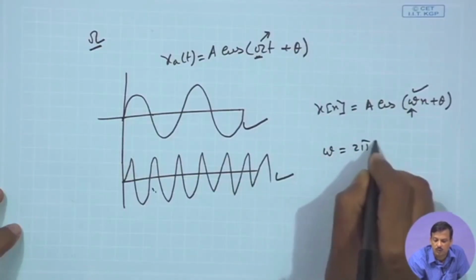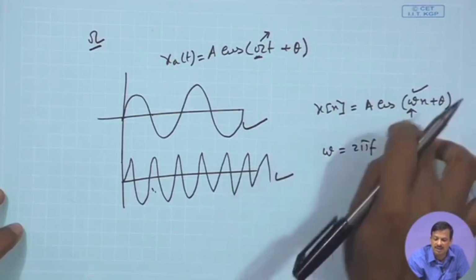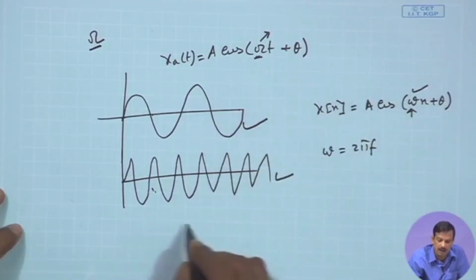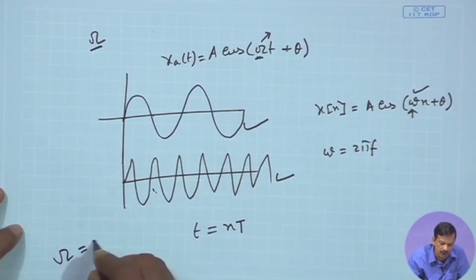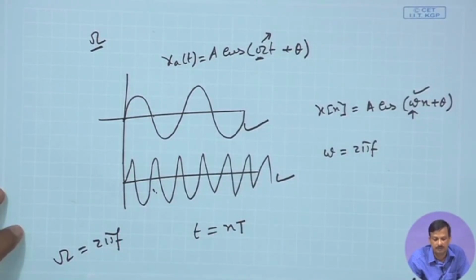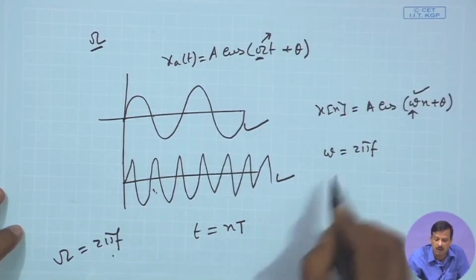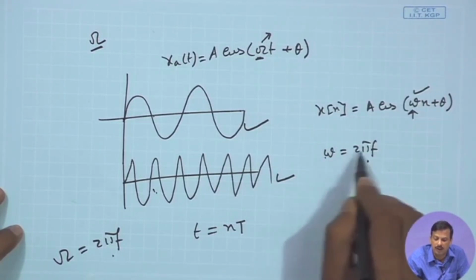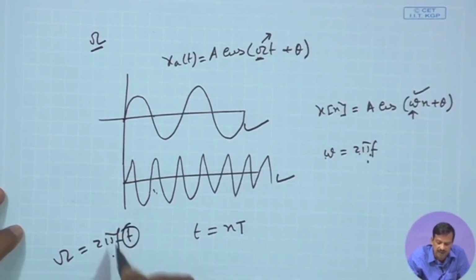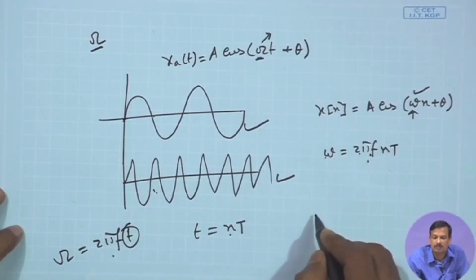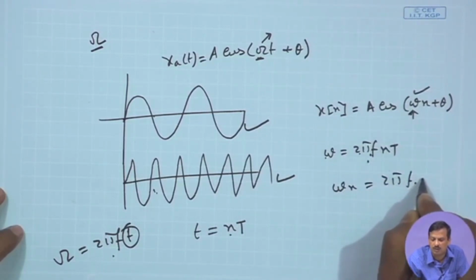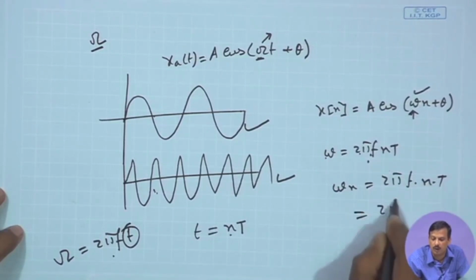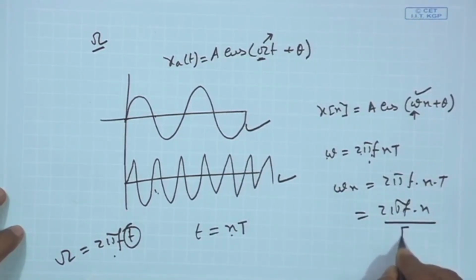Omega is nothing but 2 pi F. Now, for the digitized signal, I have replaced t by n times capital T. So, the continuous frequency omega is 2 pi F. Once I make it discrete, t is replaced by nT. So, omega n becomes 2 pi F times n times T, which is nothing but 2 pi F n divided by F s.